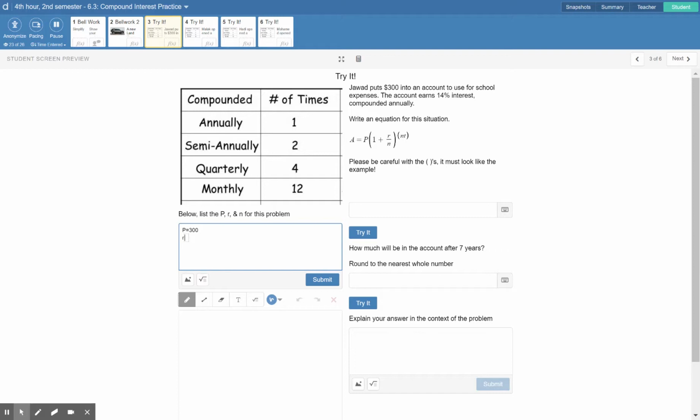The rate is exactly what we thought it was, the 14%. Got to divide it by 100. And then it says this account earns 14% interest compounded annually. So annually means 1. And then you just put the information in.